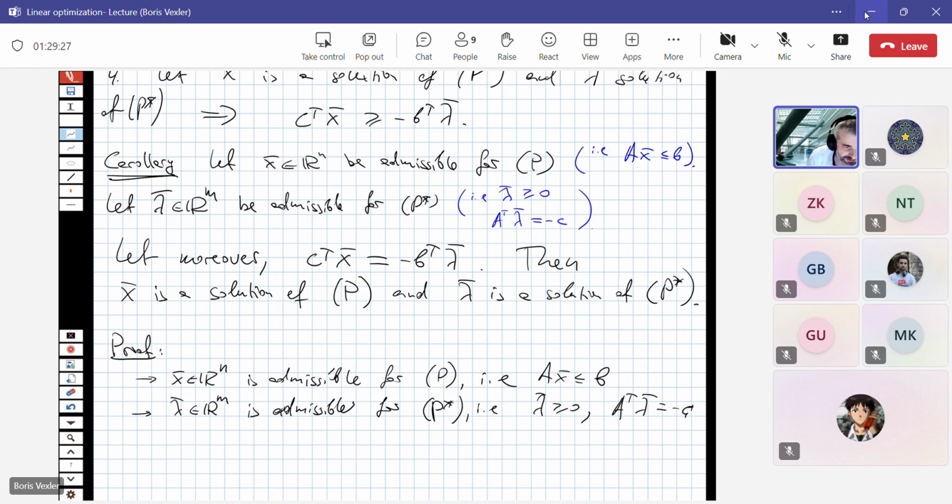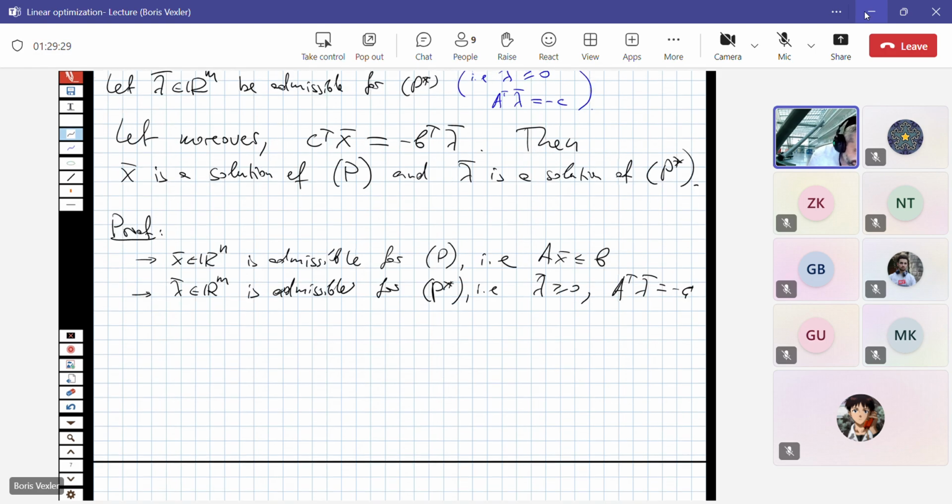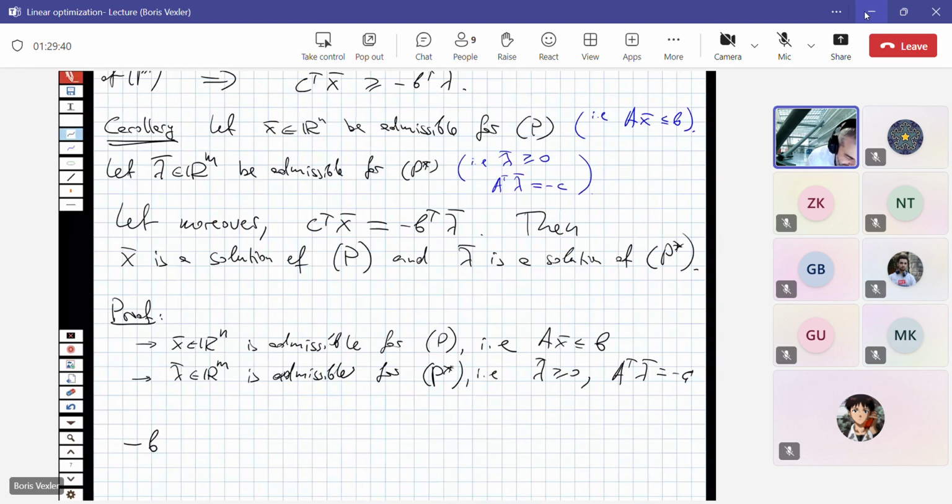And now we calculate. Okay, this is of course what we know. This is already written here.